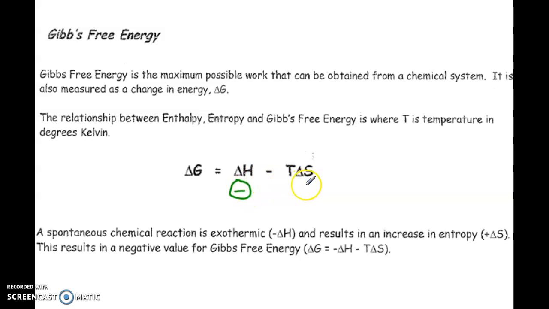And we have to have an increase in the random or movement energy of the particles. So by having excess energy released in enthalpy and more movement, that's typically an indication that we are going to have a spontaneous reaction. So spontaneous reactions always result in a negative delta G value.